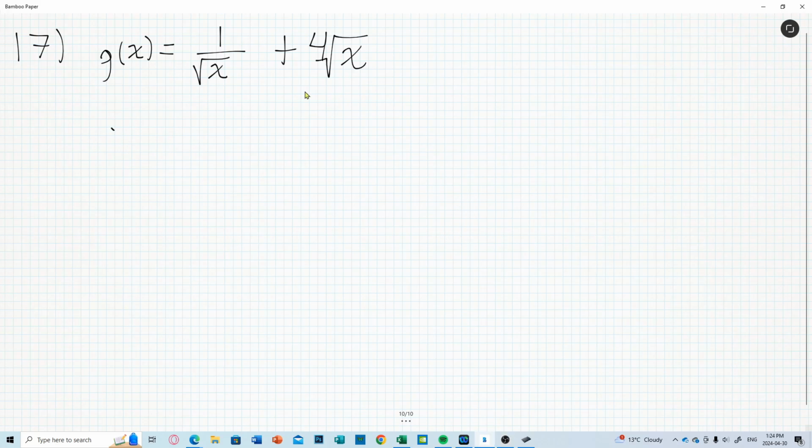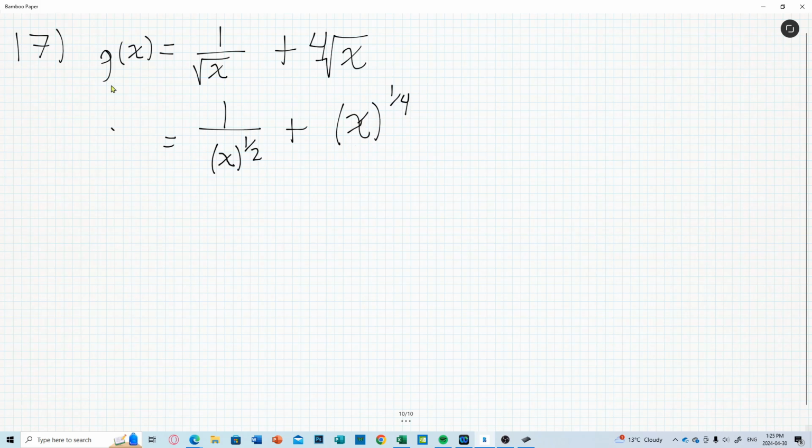Question 17. This could be a little tricky if you never worked with square roots before, because I know it was for me the first time I did it, but something that's always helpful is changing it to an exponent to make this x to the 1/2 and making this just x to the 1/4.